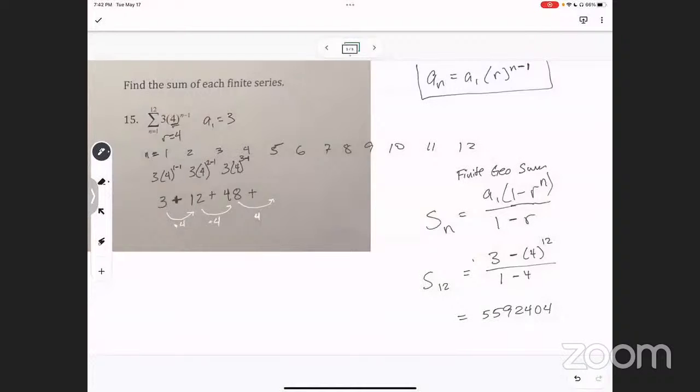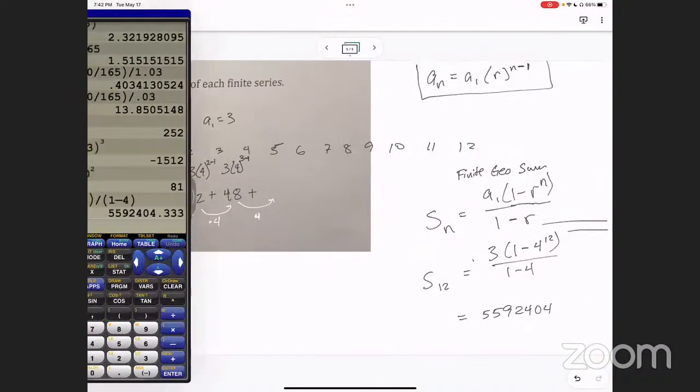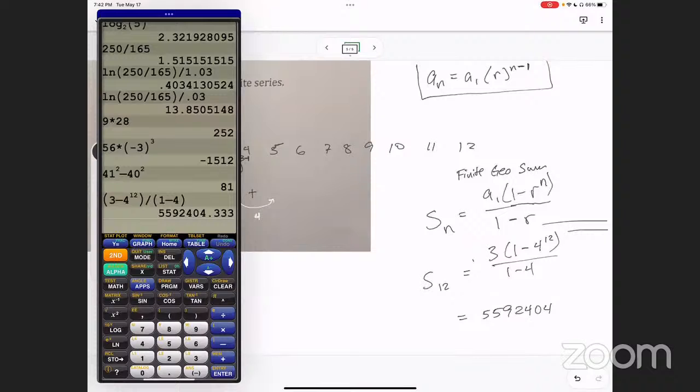Okay. So your answer should be 3, the first term, times 1 minus 4 to the 12 all over 1 minus 4. Open my calculator. There it is. 1677215.